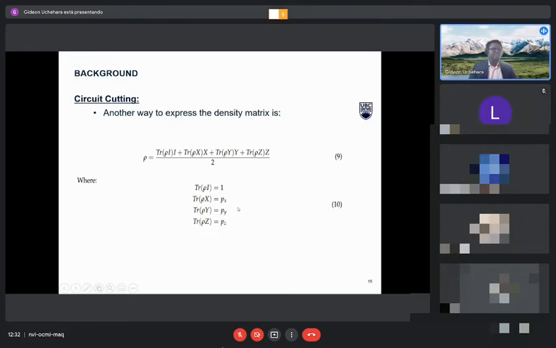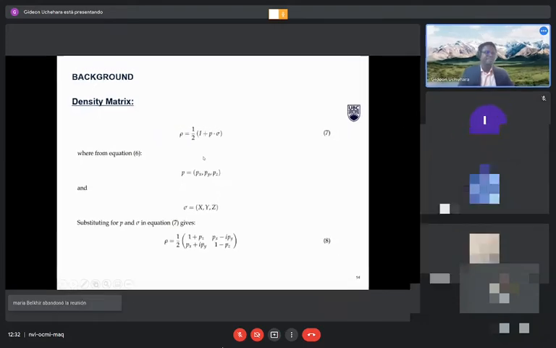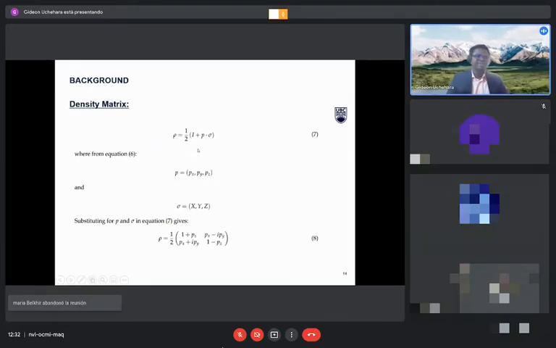Now, this is important because this is the basis for circuit cutting. If we take a second look at the density matrix, you will see, if you recall, this is the density matrix here.